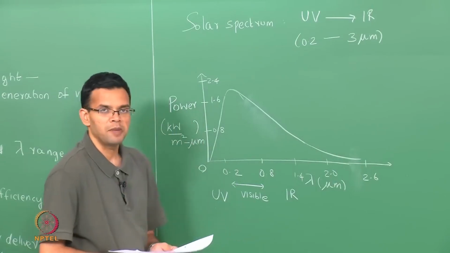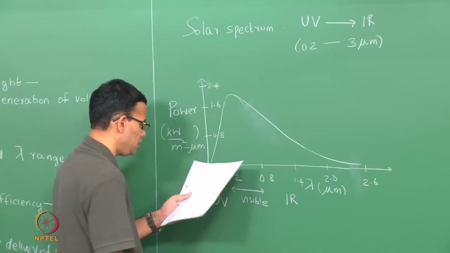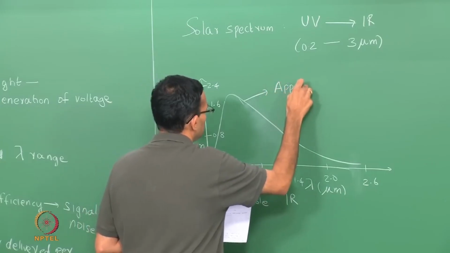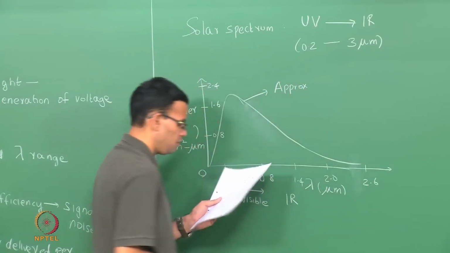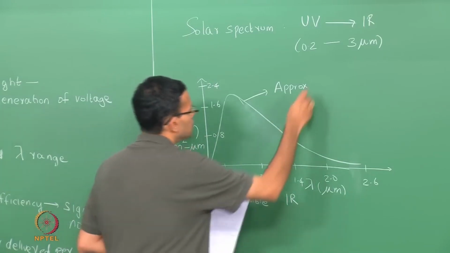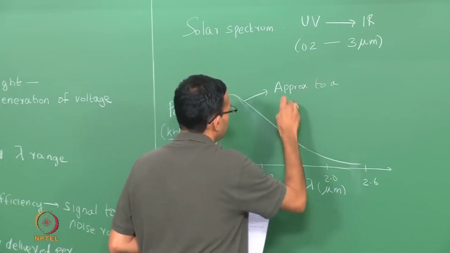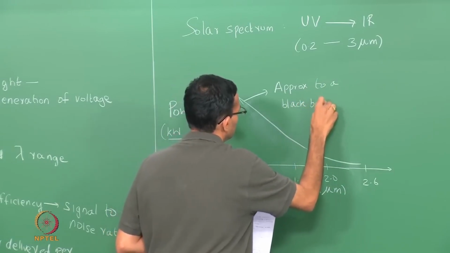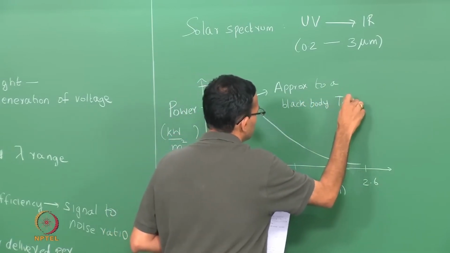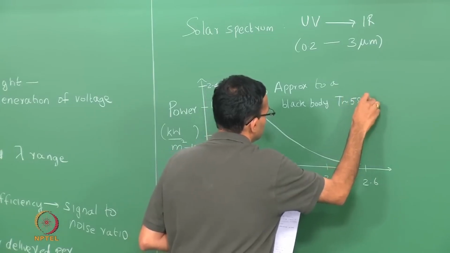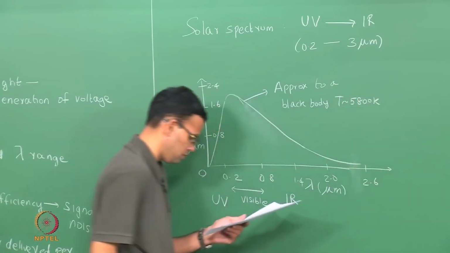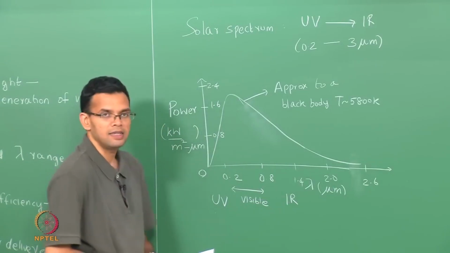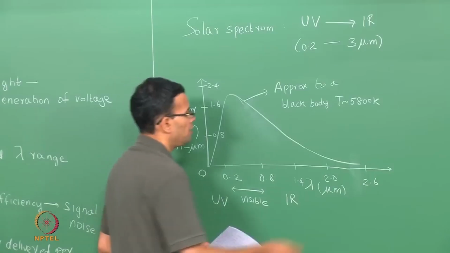This sort of spectrum can be approximated to a black body whose temperature is around 6000 Kelvin. The area under the curve gives the total intensity of the incoming solar radiation.